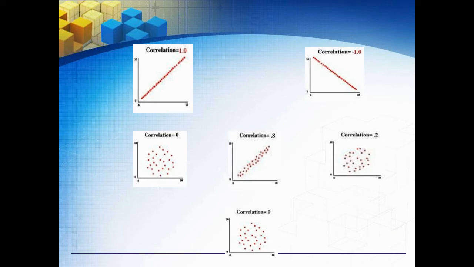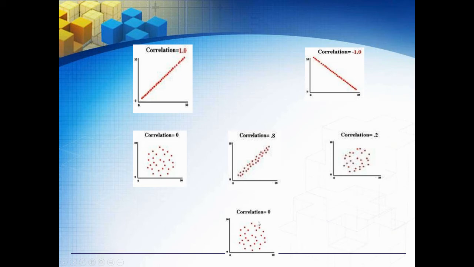If the value is 0.8, it is linear, but the values are scattered. If we have a value of 0.2, it's also scattered, but it's not linear. It's mostly like 0, but when you plot it, the values differ from each other.